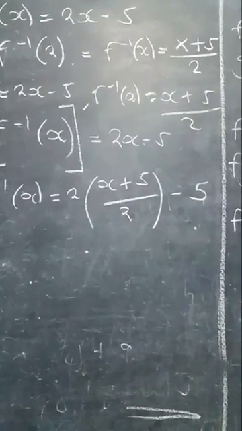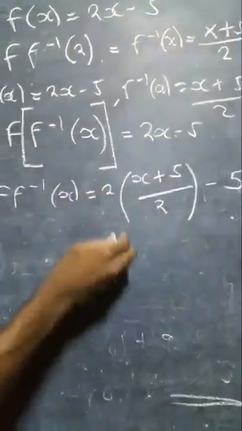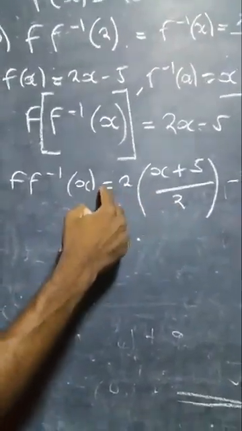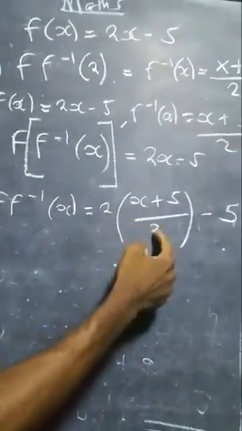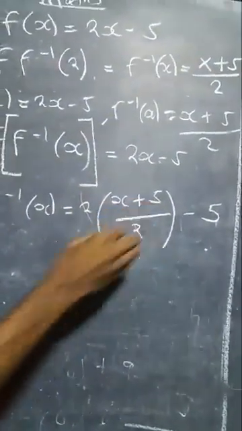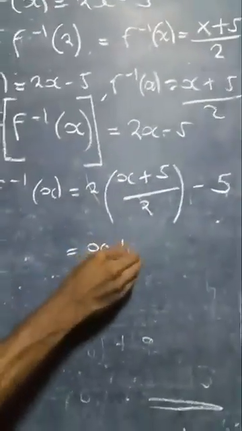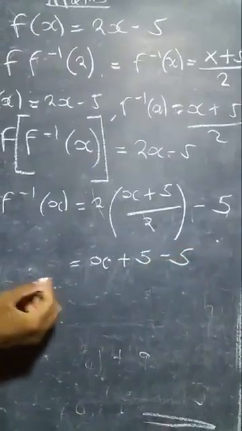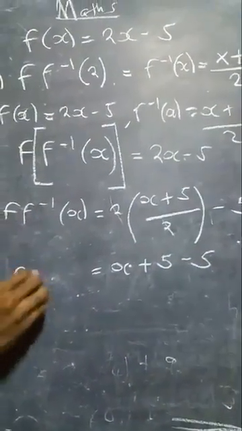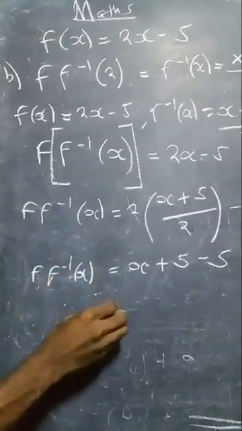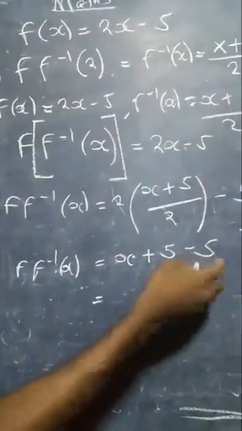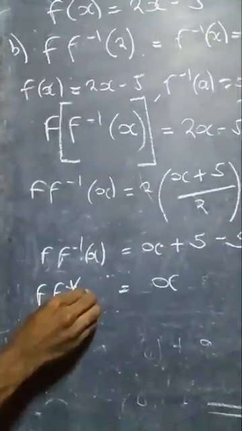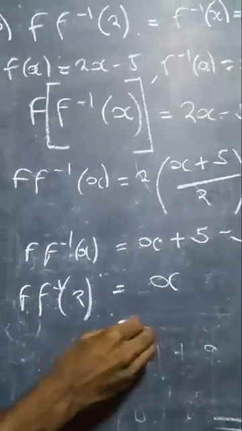Then what do we now do? We can now work on this. These two cancel because these are multiplying. So the 2 goes. What we have is x plus 5, then minus 5. So 5 minus 5 is just a 0. So it's just x, and where there's x there, what are you putting?